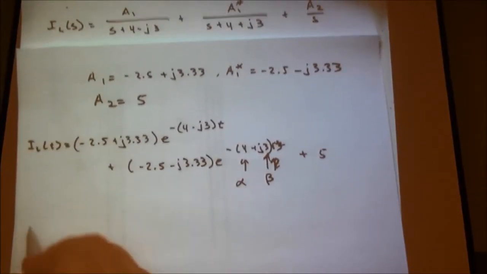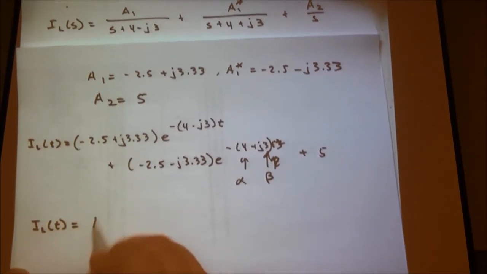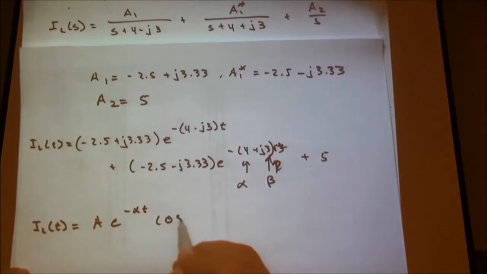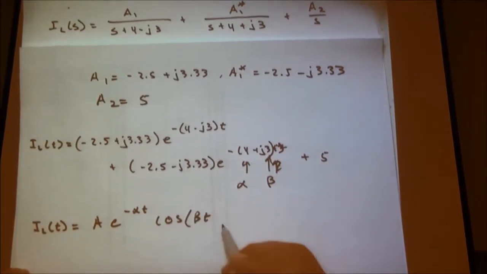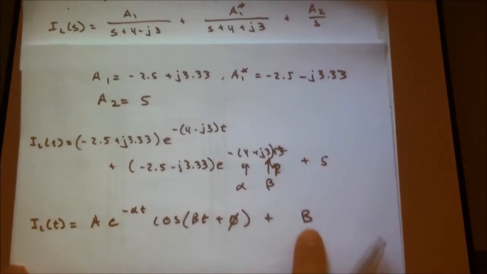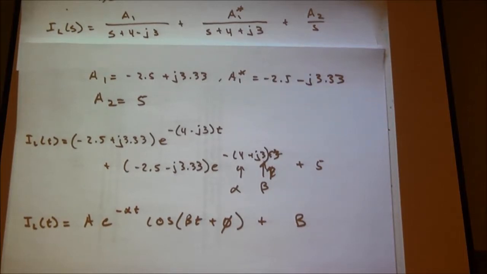You can find a form that looks something along the lines of A e to the minus alpha t cosine of beta t plus phi, plus B. There's our DC term.